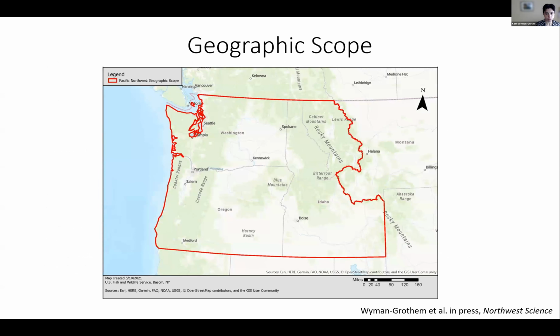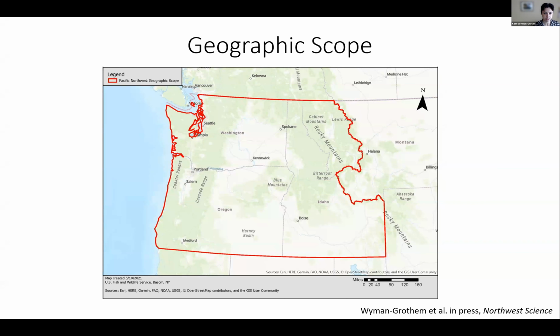The next 3 slides will cover the 3 dimensions of our chosen scope for this horizon scan. So for geographic scope, we use the term target region to describe the area of concern for species introductions. With input from the scoping discussion participants, we chose the target region boundaries you see here, including the states of Washington, Oregon, Idaho, and the portion of the Columbia River Basin in Montana.